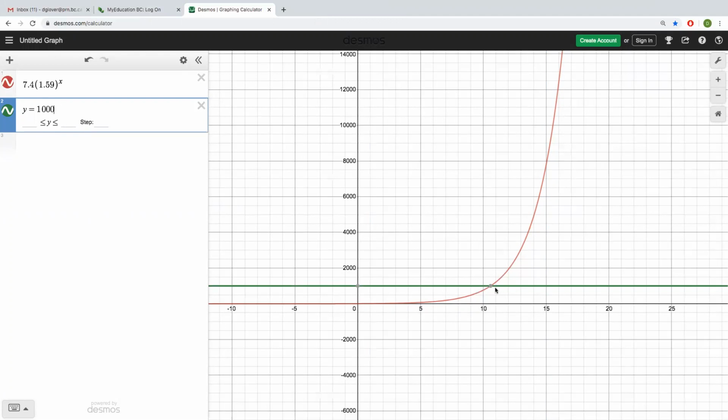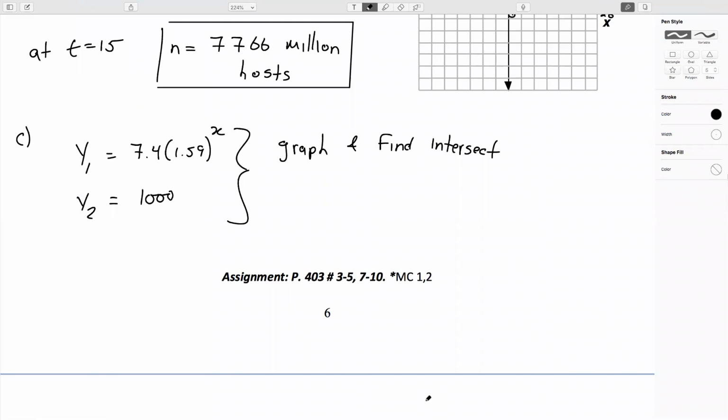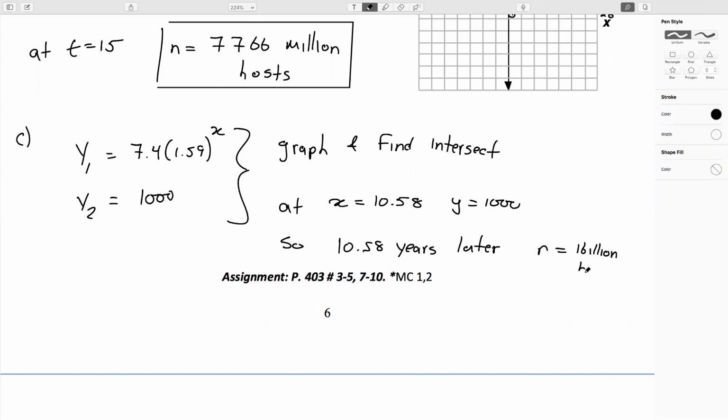Find the intersection point. Y equals 1,000 when x equals 10.58. So 10.58 years later, n equals 1 billion hosts.